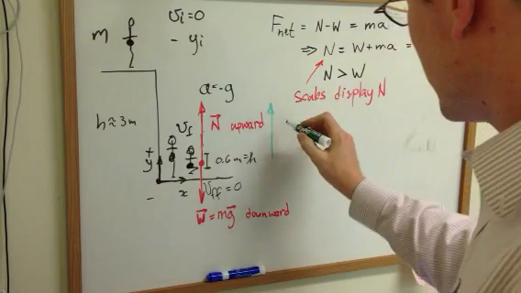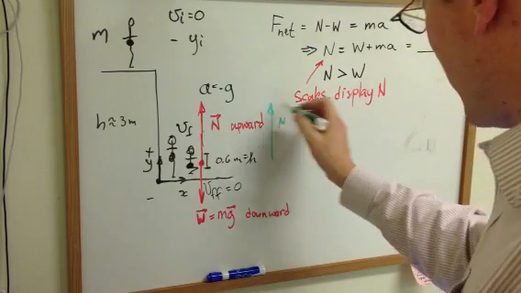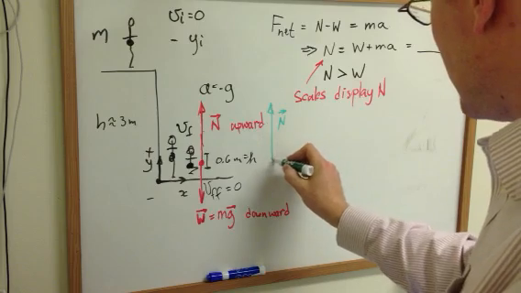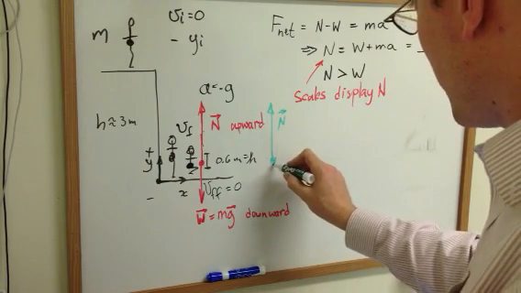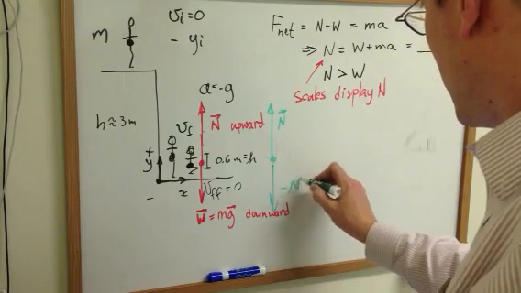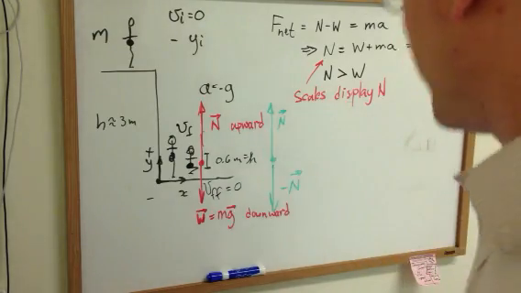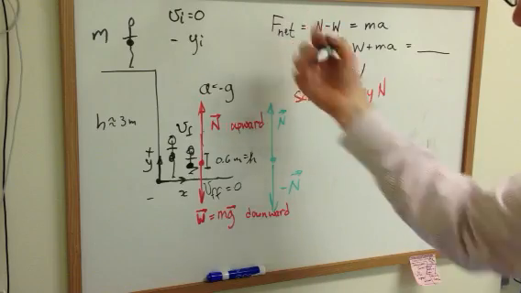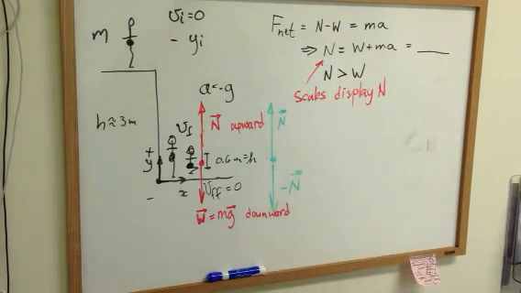This force upwards of N, of the ground on the guy, is equal and opposite to a force downwards of the guy on the ground. So as much as the ground pushes up on the guy, the guy pushes downward on the ground.